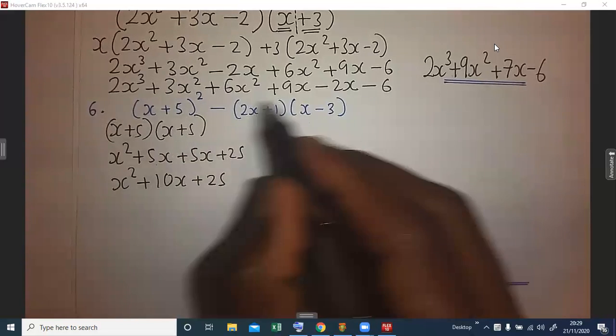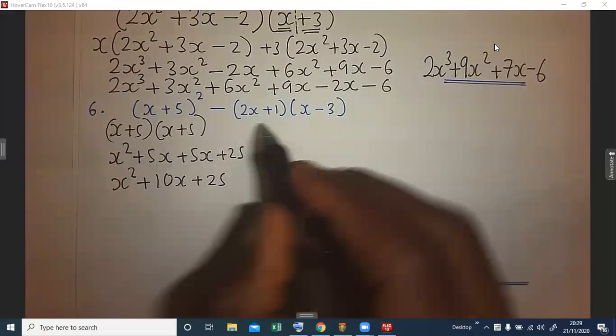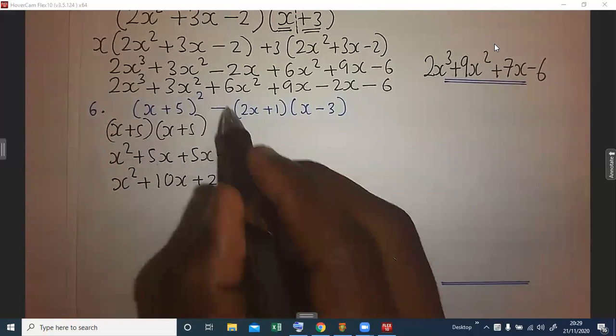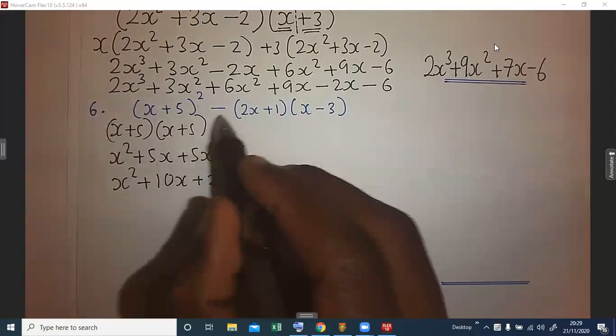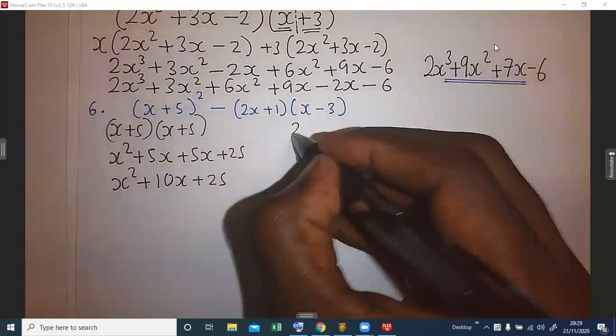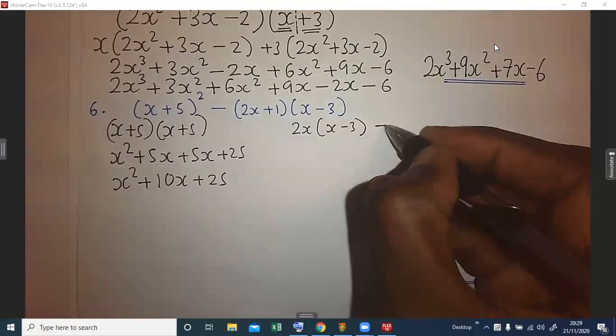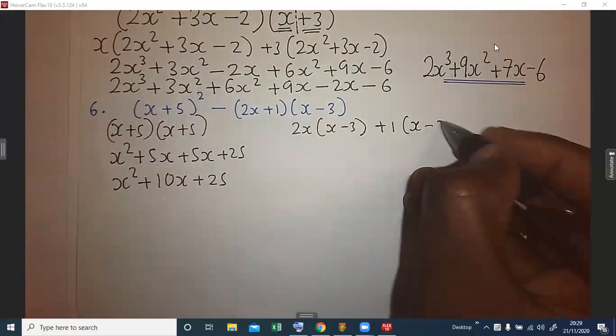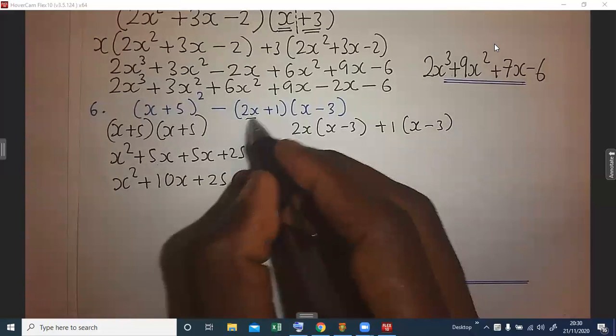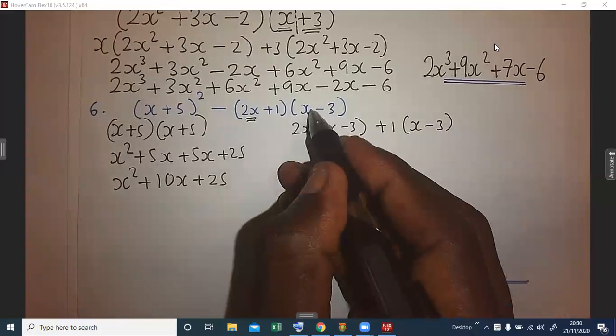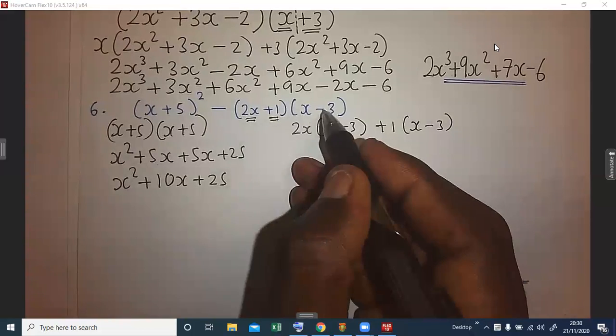Now, let me go and work to the second part. Remember, I'm doing this when this minus is waiting. I'm not using the minus. So I expand 2x times x minus 3 plus 1 times x minus 3. As we said, first component will multiply the bracket and second component will also multiply the bracket.